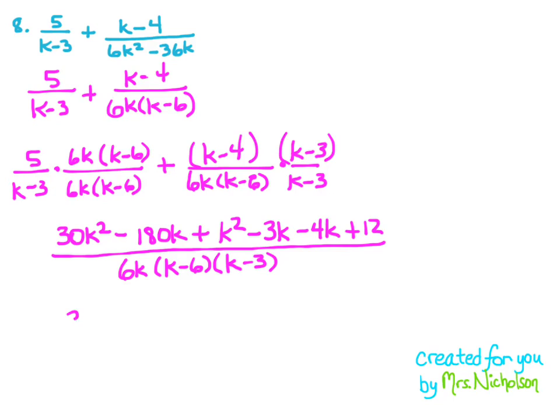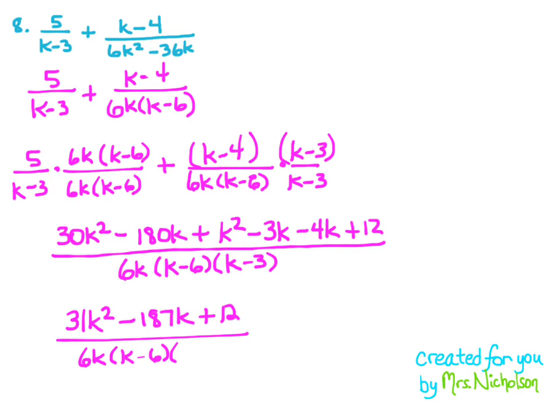So let's see, if I combine like terms here, I get 31k squared minus, let's see, 180 minus 3 minus 4, so that's negative 187k, and then plus 12 at the end over our denominator. And that would be our answer.